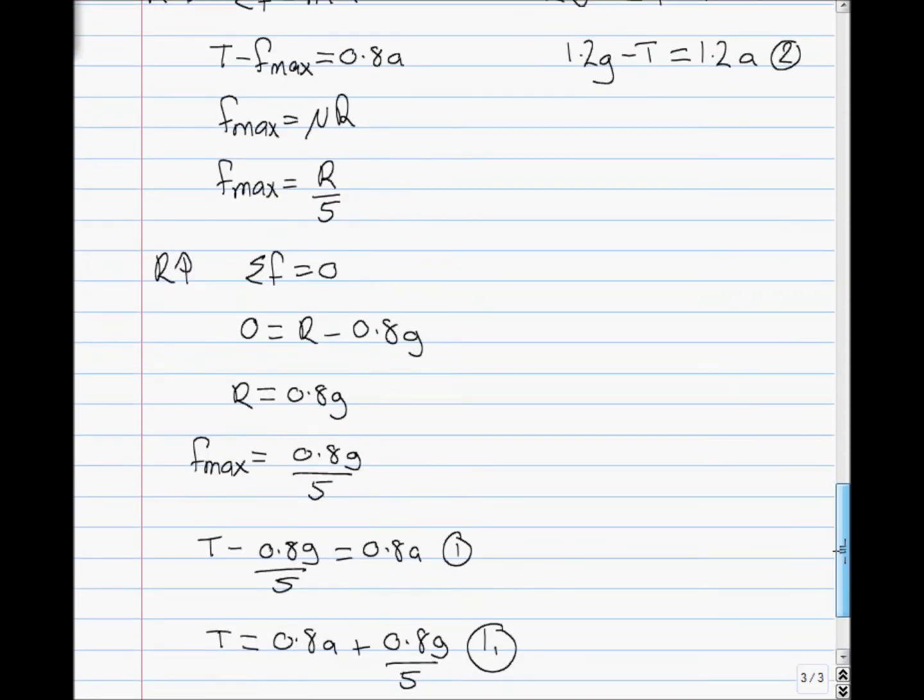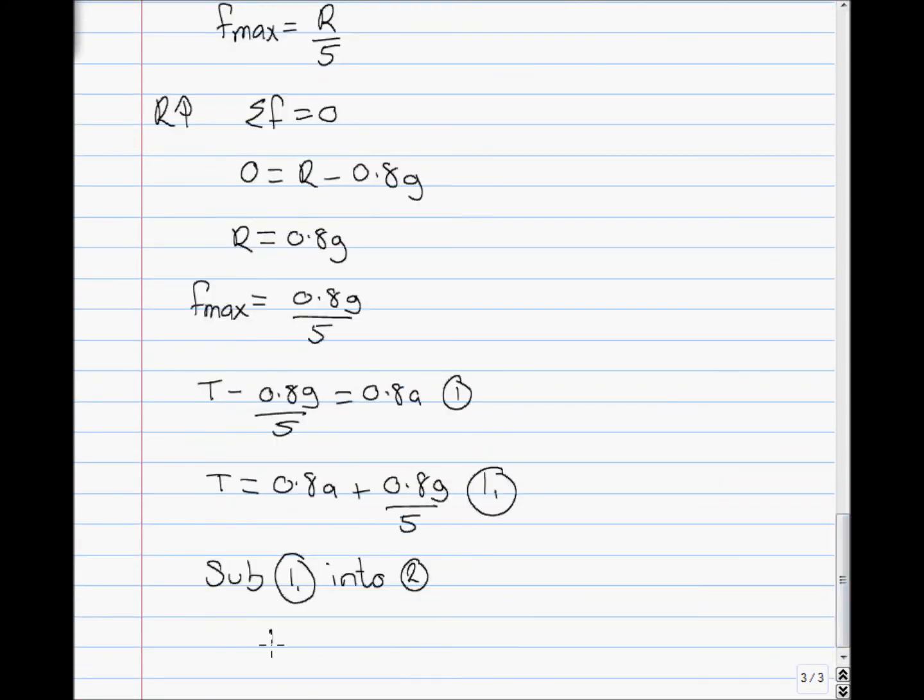So equation 2: 1.2 G minus T. I'm going to put this all in brackets first of all, so 0.8 A plus 0.8 G over 5, and that's equal to MA, which is 1.2 A.